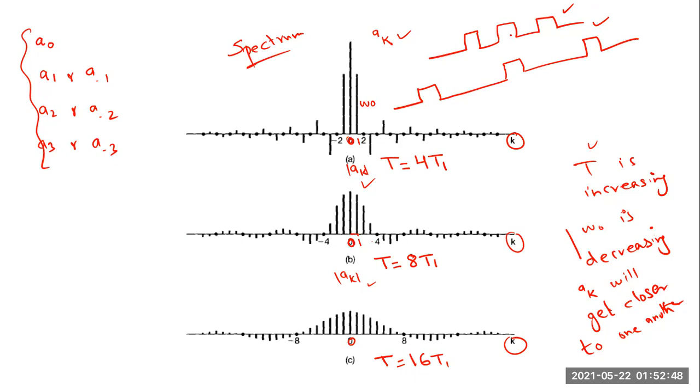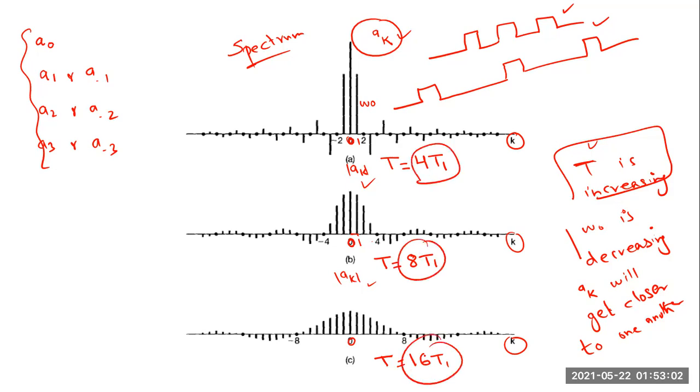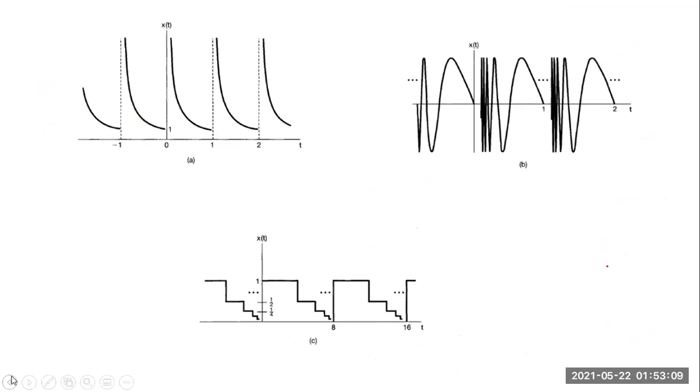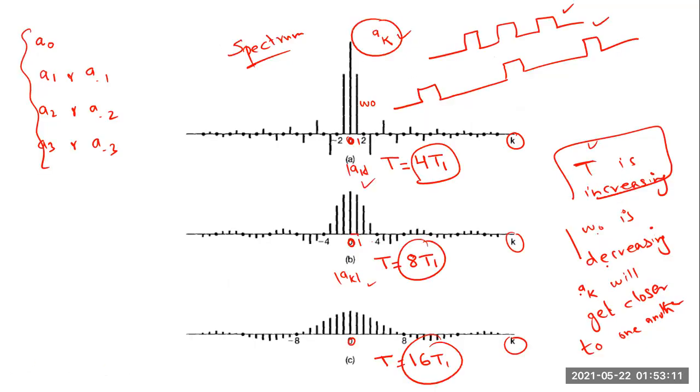So because the period has changed, the Fourier coefficient behavior will change. And I have just given you a general trend that when T is increasing, 4 times T1, 8 times T1, 16 times T1, so the period is increasing. So what is going to happen? Omega naught is going to decrease. And what is the effect of omega naught? It means Fourier coefficients will get closer to one another. That is the effect that you can see in this particular figure. Okay.